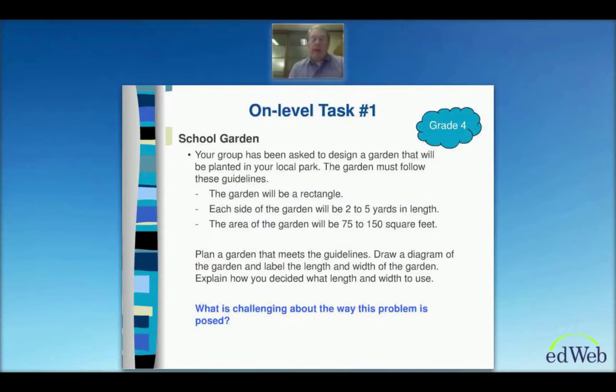Now, some of the things to think about are what do you see going on in terms of computation? What do you see in terms of understandings that they have to bring to this problem? What do you see in terms of the way things are represented here? Are there things that kids could use some help with?